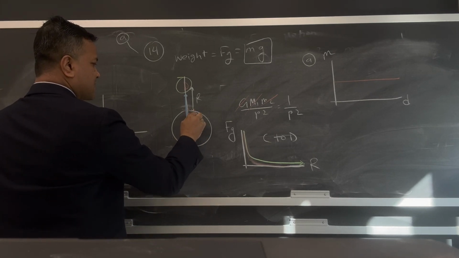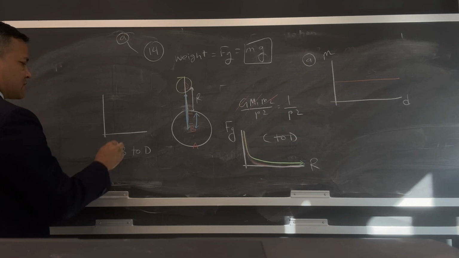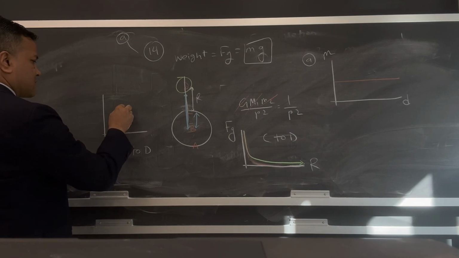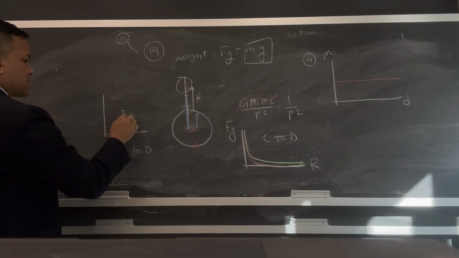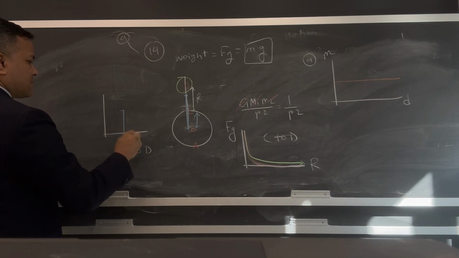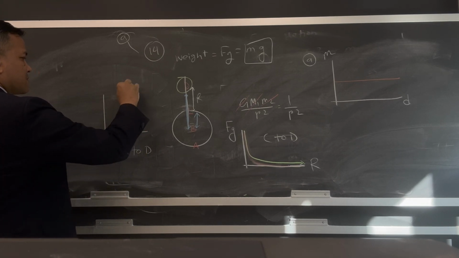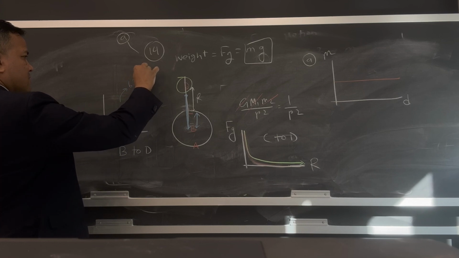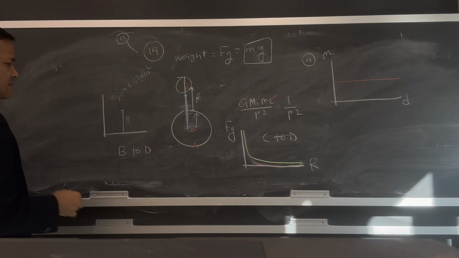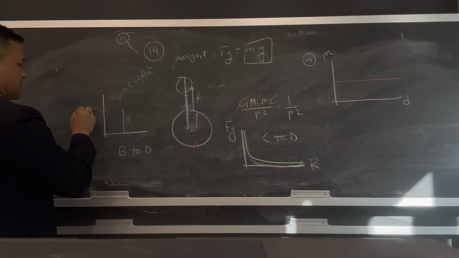From B to C is the radius of the earth. B to C is 6.37 times 10 raised to 6. And this is your mg.